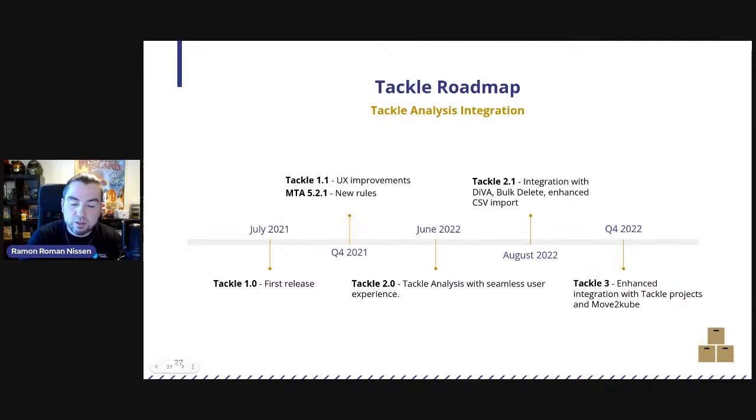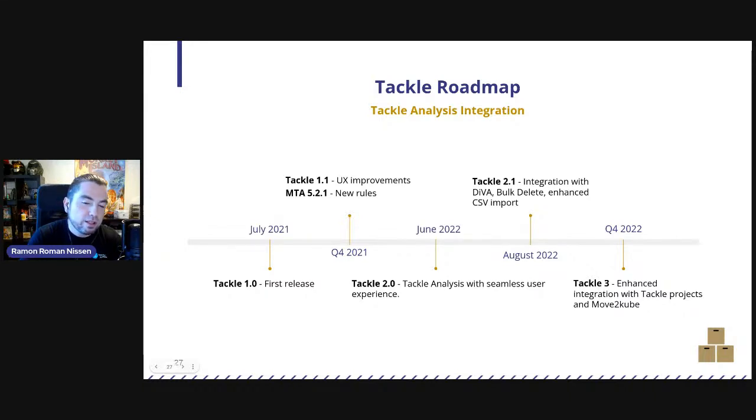For example, bulk delete of applications and an enhanced user experience for CSV imports that will allow creating missing entities during the import rather than having to seed everything in advance. And later on, probably by the end of Q4, we want to release Tackle 3. And with Tackle 3, as I was commenting before, we want to have this enhanced integration with other Tackle projects.